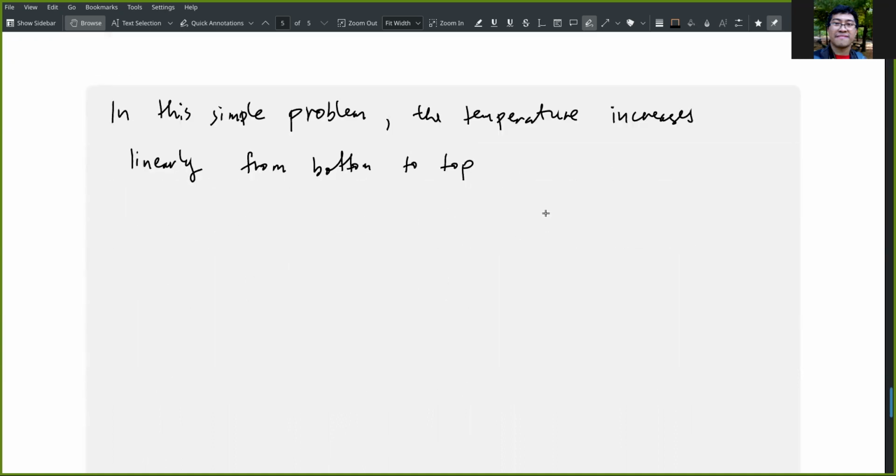The relationship is linear, so we can write T equals the ratio 100 over pi. So it's simply a ratio and proportion problem.